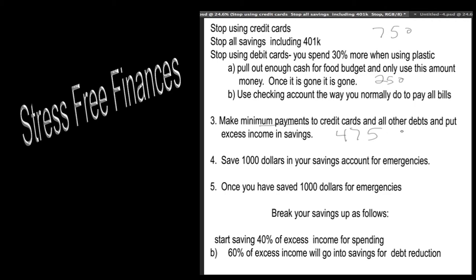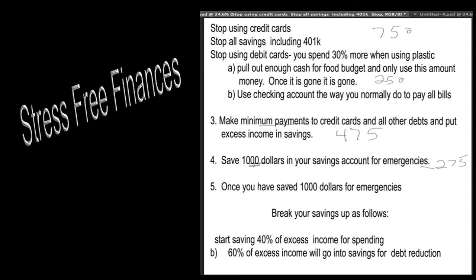Then the next thing we pay, whatever is left, which is $275, we put into a savings account until we have saved $1,000. We do not buy or do anything else except these two things for the next month or two. This is very important, to get this $1,000 in there as fast as we possibly can.